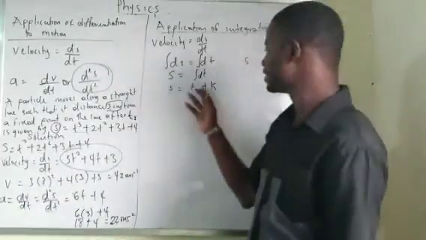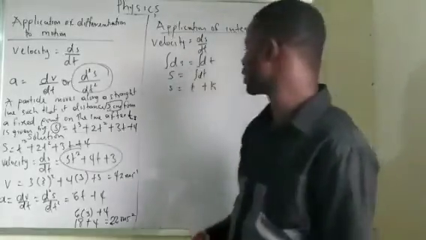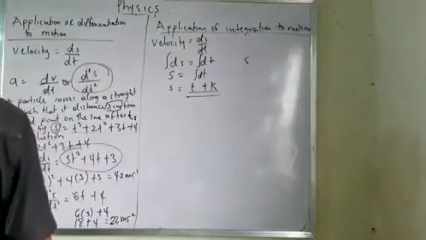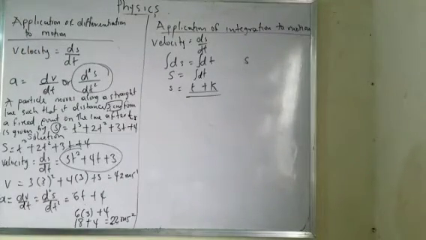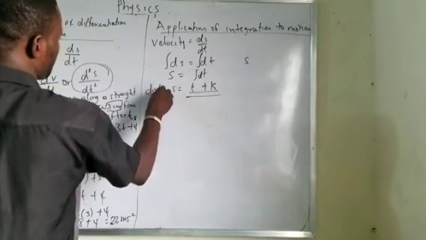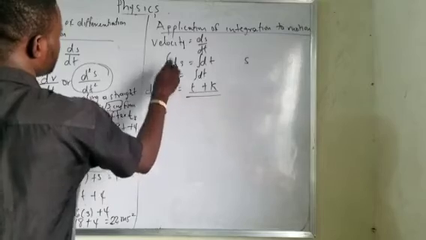This is an indefinite integral because it does not have limits. You can go and check that on the platform. That is my displacement. S is displacement, we have done that earlier.